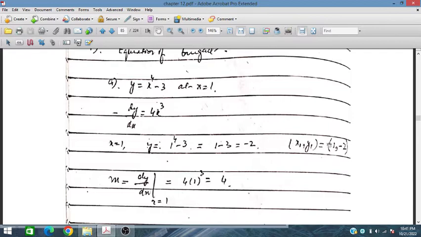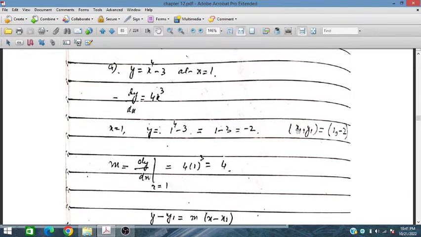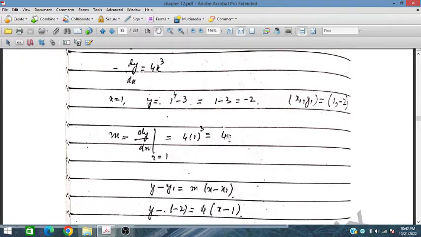So the coordinates on this curve are (1, -2), and the gradient at x equal to 1 is 4. So we will place this value 4 in the line equation.